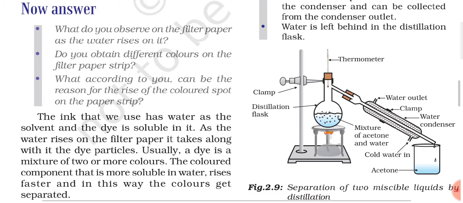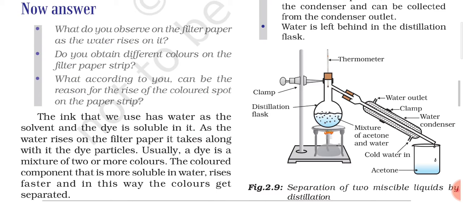Now the dye which is present in the ink is water soluble in nature. So when the water reaches the ink spot where the dye is, the dye, as it is water soluble, will dissolve in water, and then the dye will also start rising with water on the filter paper.